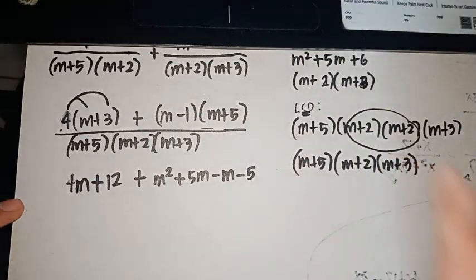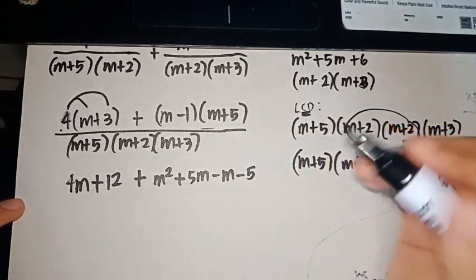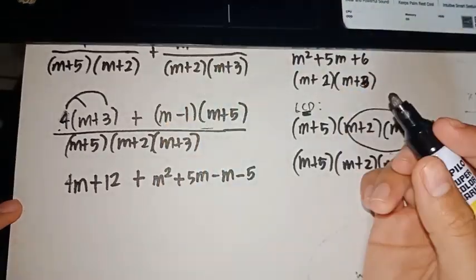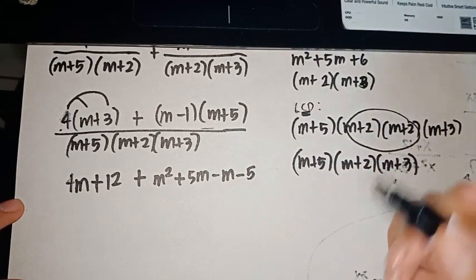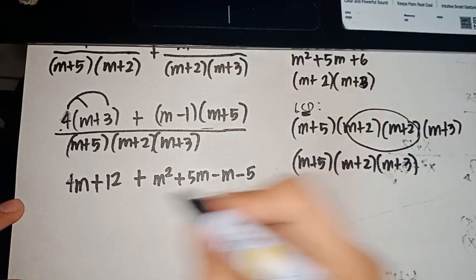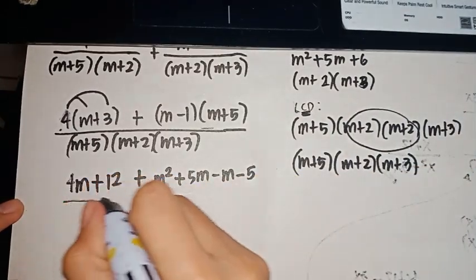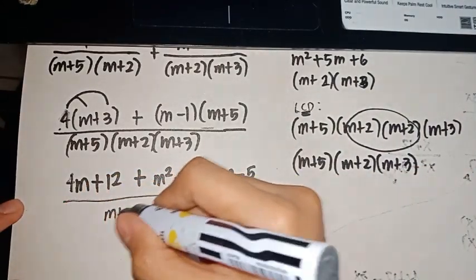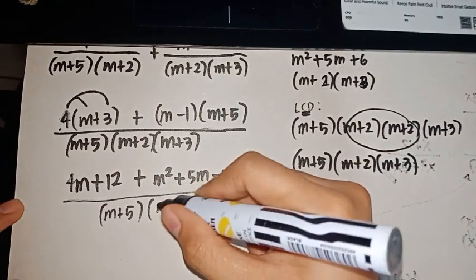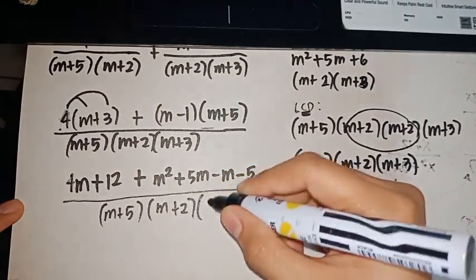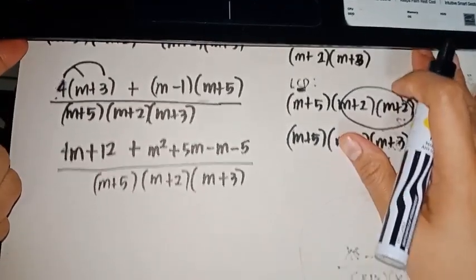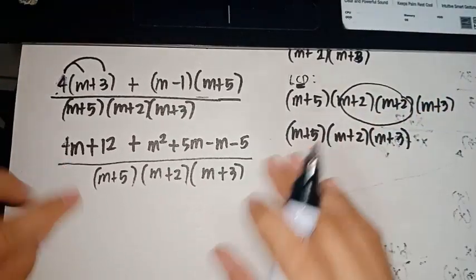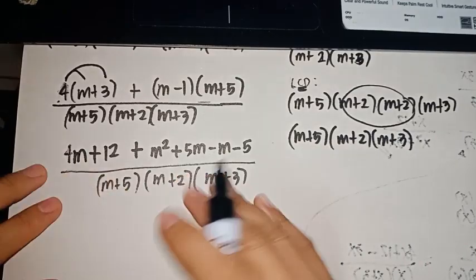If you can't remember how to multiply two binomials, kindly look at my previous videos. I have tons of examples there. All over m plus 5 times m plus 2 and m plus 3. Okay, next. Simplify by combining similar terms.